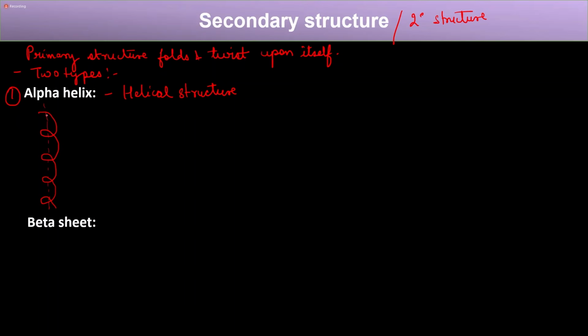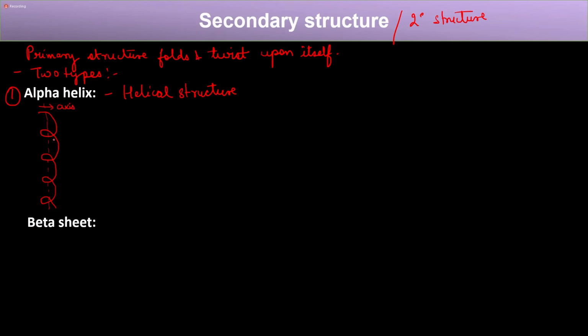Similarly, the protein has a certain axis along which the chain of amino acids is wrapped around. This is that axis.